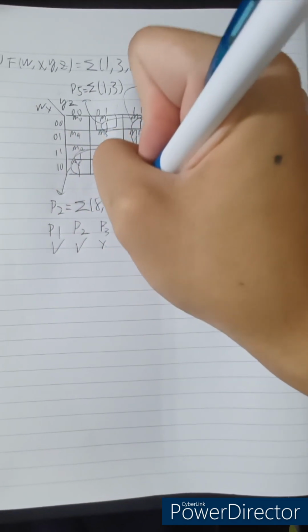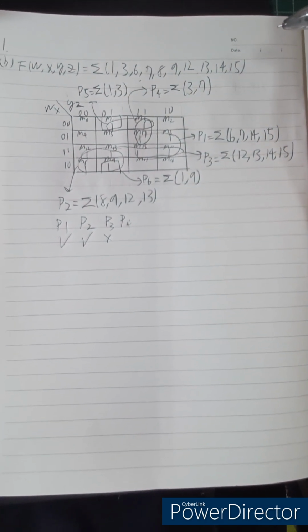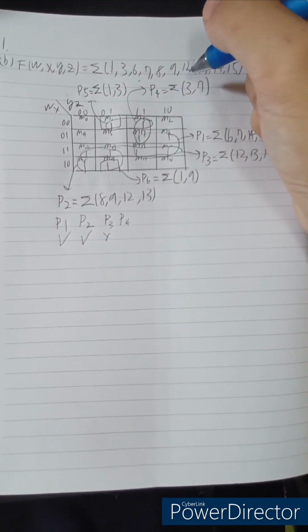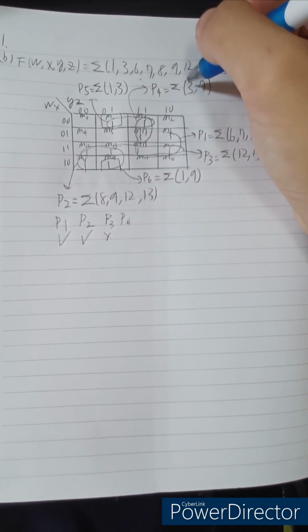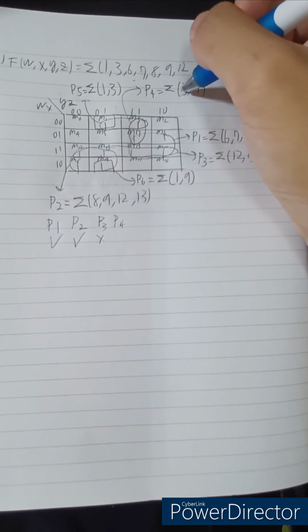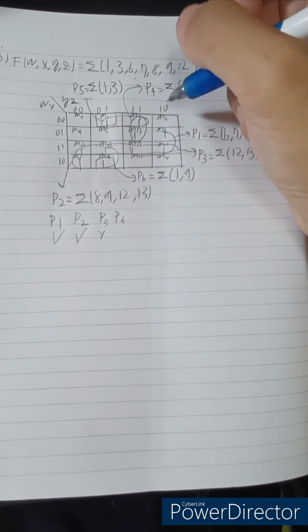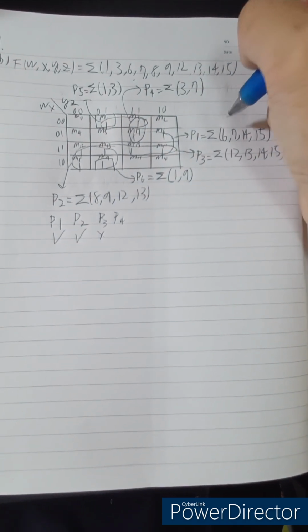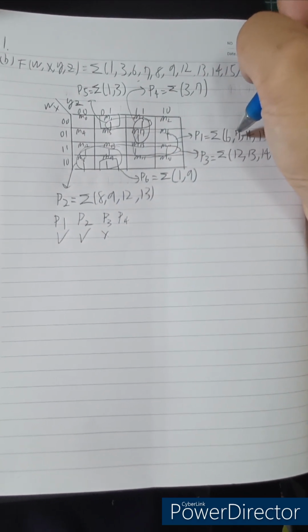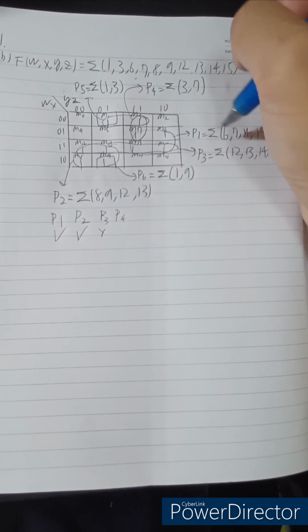P4. In P4 we can find that minterm 3 is also covered by P5, and 7 is also covered by P1.